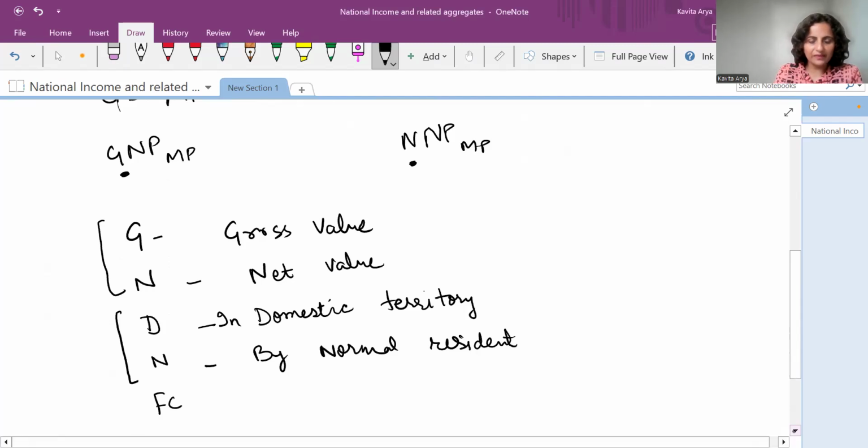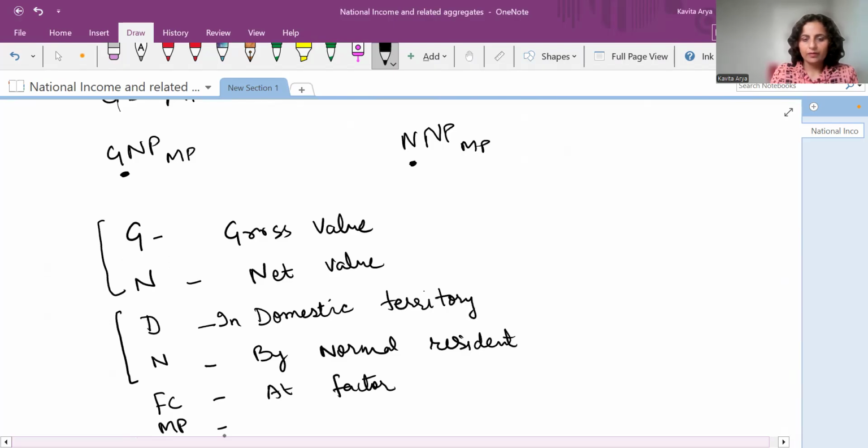What is the next concept we must note? One is FC and the other is MP. What is FC? At factor cost. And MP is at market price. What do we mean by these?